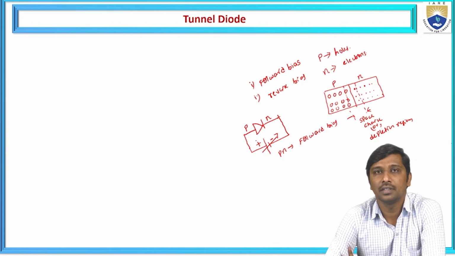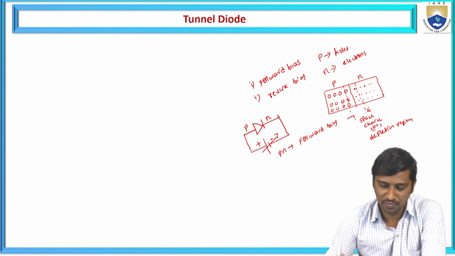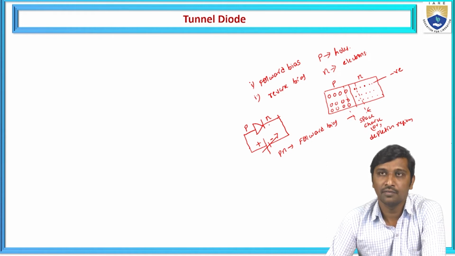Due to this forward biased configuration, we know that on the N side the majority charge carriers are electrons, which are negatively charged particles.